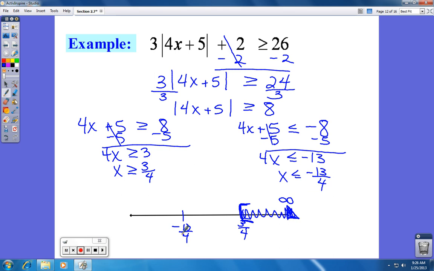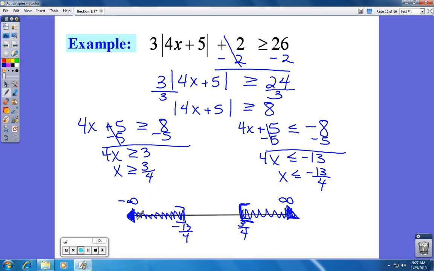Here's -13 over 4. Less than is to the left. So we're going to shade to the left. On this end, this will be not positive but negative infinity. And we're also going to use a bracket here because of the or equal to.